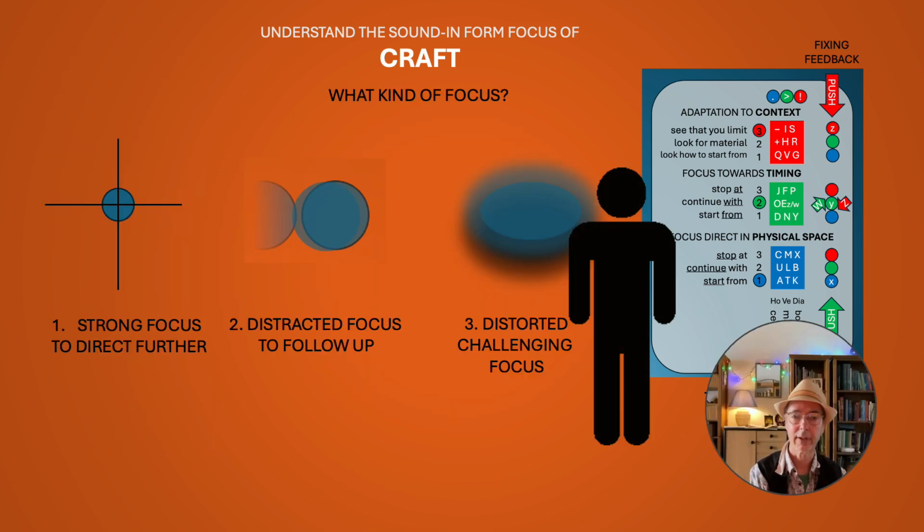And with craft, again, I will also give you the opportunity to realize, like, how do we use that word? What kind of focus do we use in that word? Because every letter is a kind of focus. And I will give you some examples, like last time, that make you realize what kind of focus we use in that word to make the content of that word available in that way.